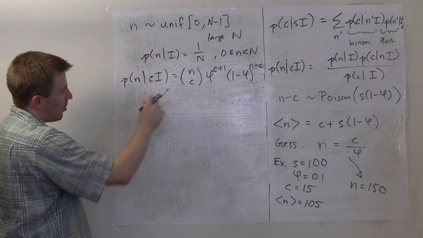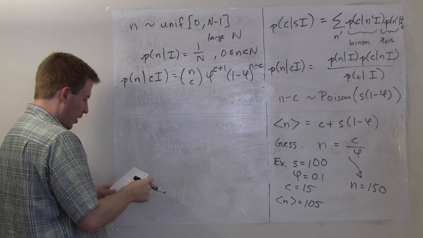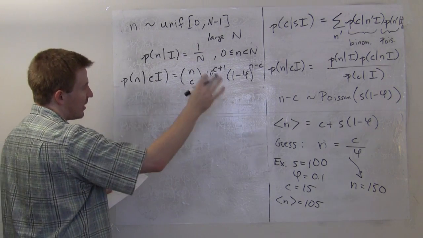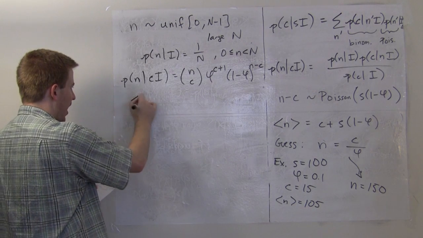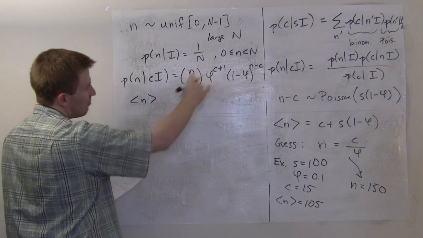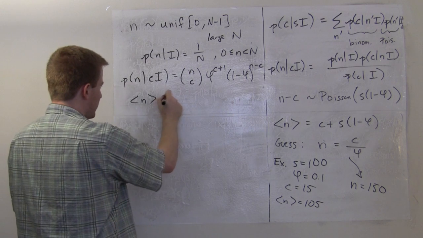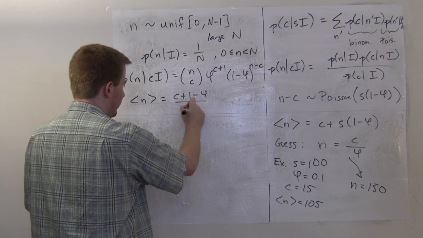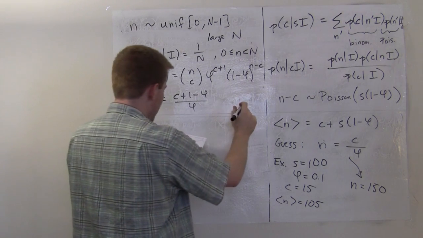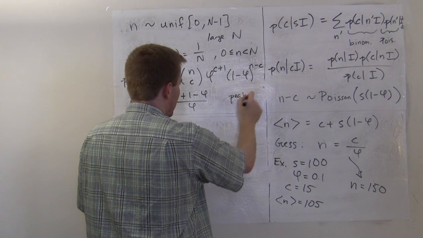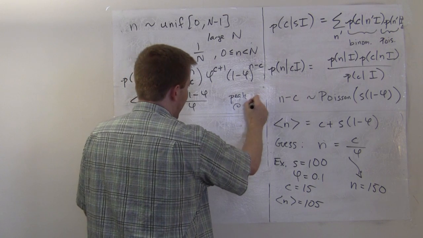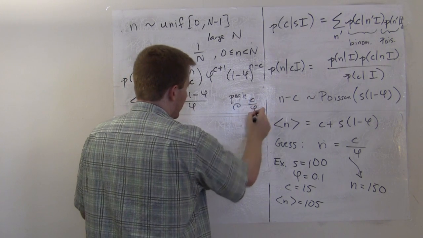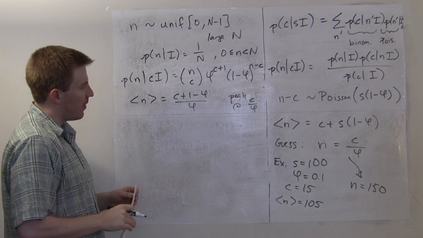Okay, now what's different about that? Well, in particular, we know what its mean and peak value are. The average value of this alternate distribution works out to be something like c plus 1 minus phi over phi, and it has a peak value, I think exactly at or maybe within one value of the number c over phi.